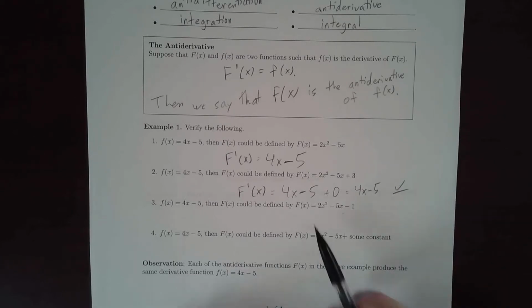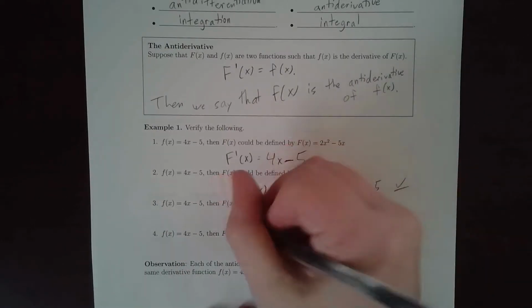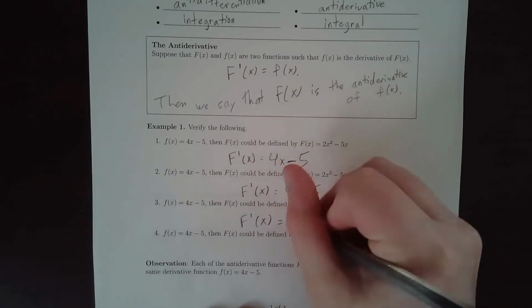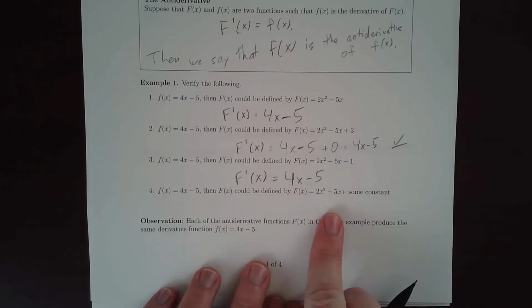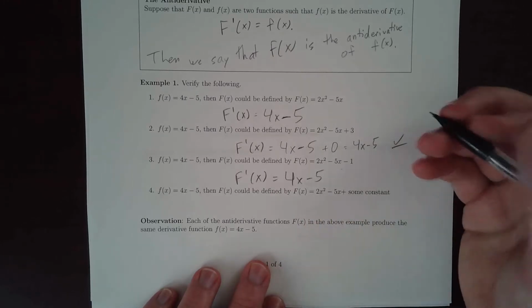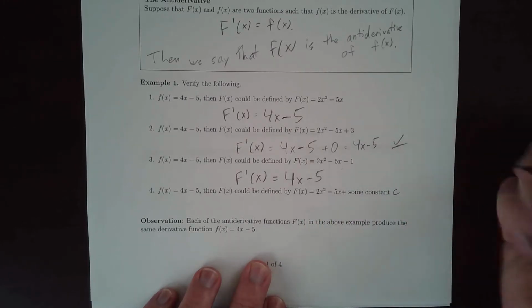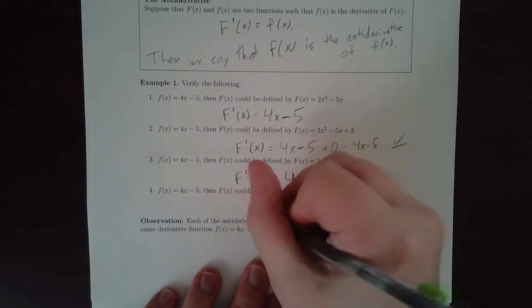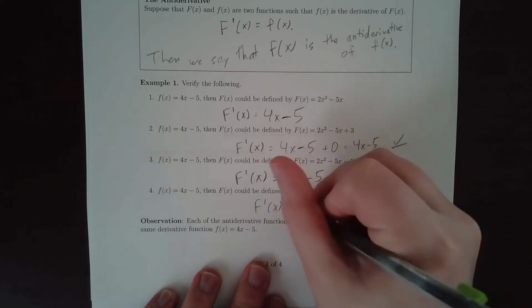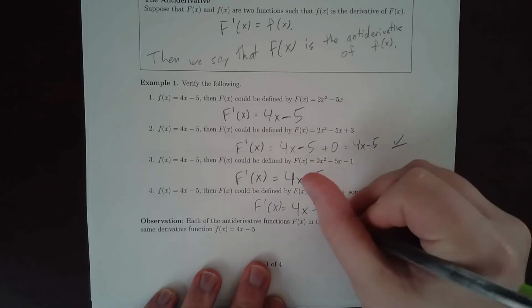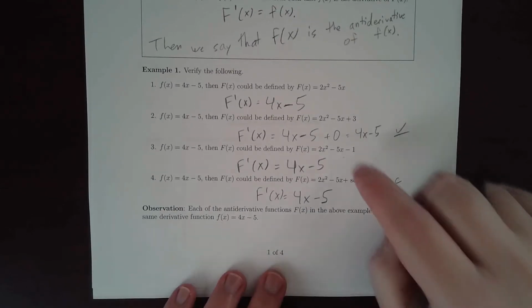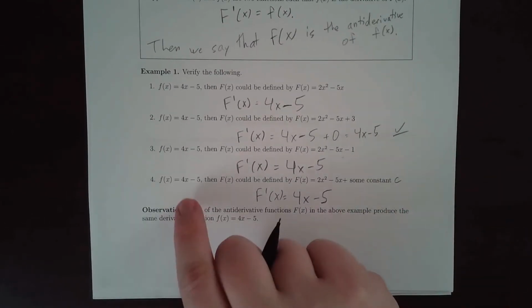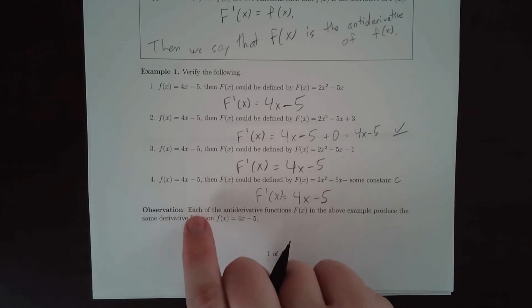We could also have 2x squared minus 5x minus 1, because again the derivative is just 4x minus 5. And if we add some constant, which we don't know, we'll call it c, the derivative of the constant c with no x is 0. So no matter what, there are a number of different big F of x's whose derivative could be 4x minus 5.